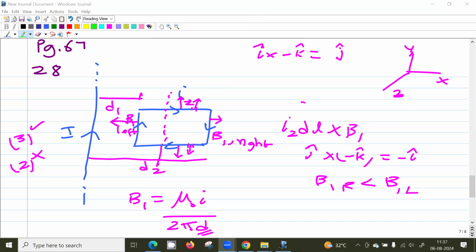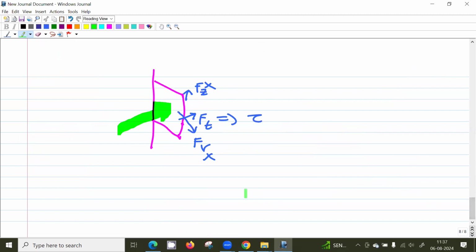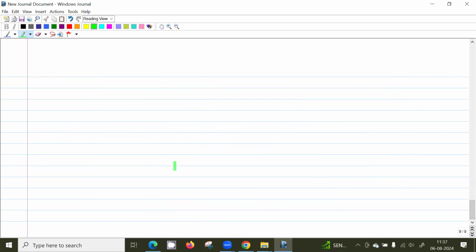Okay, one more thing. For motion of a charged particle in electric and magnetic fields, in the general situation, there will be some electric field, and there will be some magnetic field. The charge is there and it's moving with some velocity v.